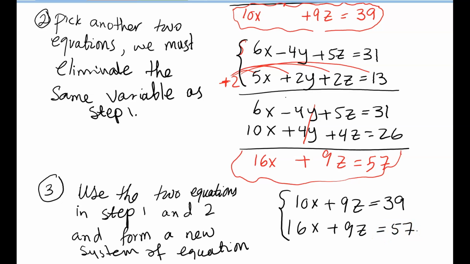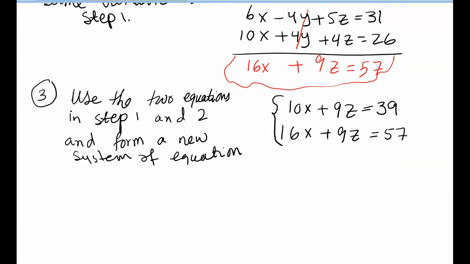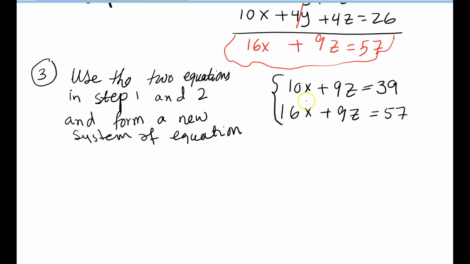So we had these equations, now we put them together. As you can guess now, we have two equations and two unknowns. x and z are unknown. By our previous lessons, we know how to solve a system of two equations in two unknowns. So I'm going to eliminate, or you can do the substitution method at this point. I'm going to use elimination.